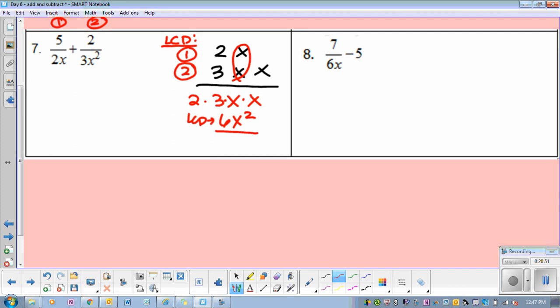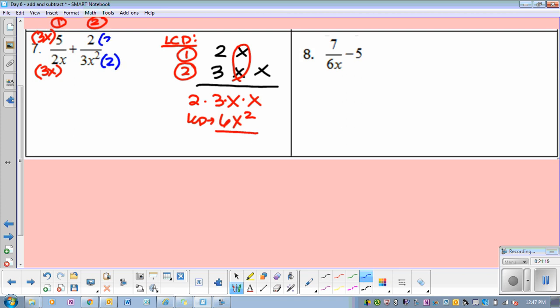So I'm going to look at both of these and think, what is this first one missing to look like 6x squared? 3x. So if you multiply that on the bottom, you multiply it on the top. What is the second one missing? The 3x squared needs just the 2.